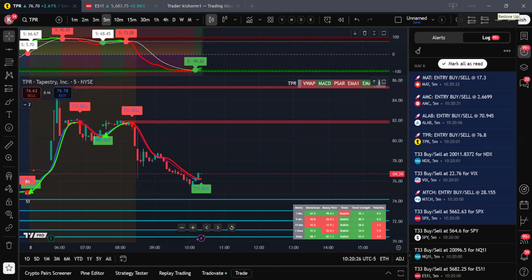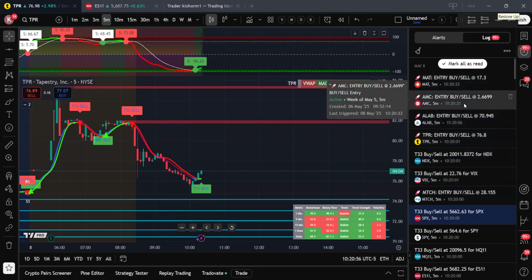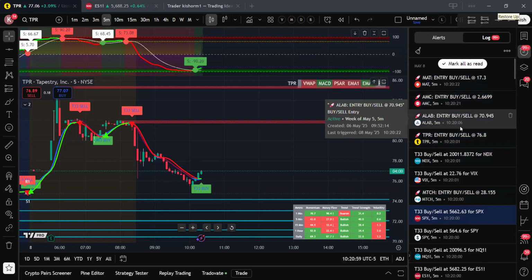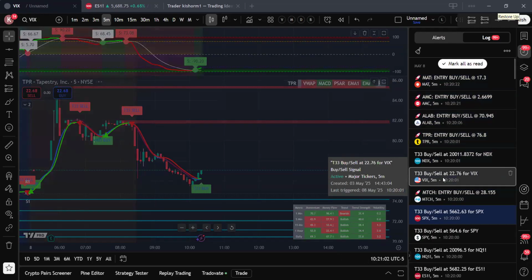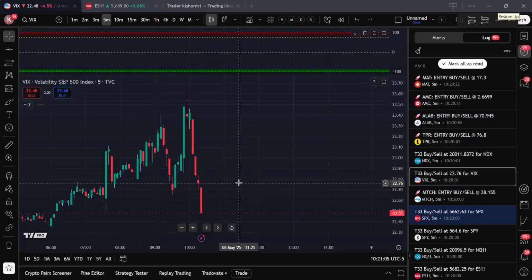So we got the VIX puts. We got the Meta bull puts, Amazon bull puts. We have SPX bear calls and then gold puts. This is dropping big.